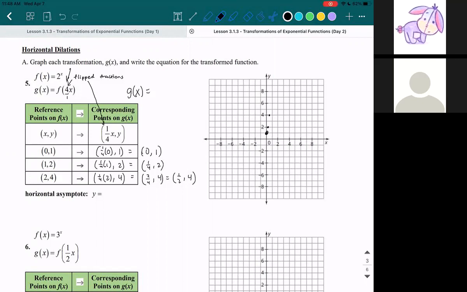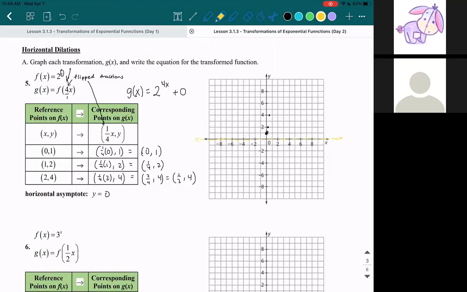Okay, so g of x is equal to f of 4x. So anywhere you see x in the original equation, you're just going to replace it with 4x. So 2 to the power of x becomes 2 to the power of 4x. All right, and technically there is a plus 0 at the end of this. So that will be our horizontal asymptote, which is right over here in yellow.